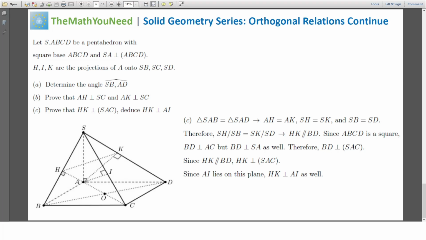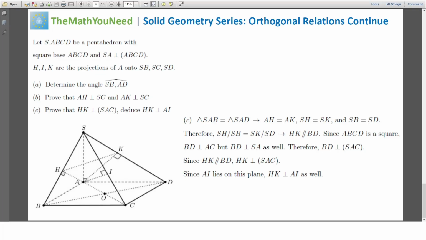Since ABCD is a square, by property of a square, we have the two diagonals, AC and BD, perpendicular to each other. But BD is also perpendicular to SA. So therefore, BD is perpendicular to plane SAC.